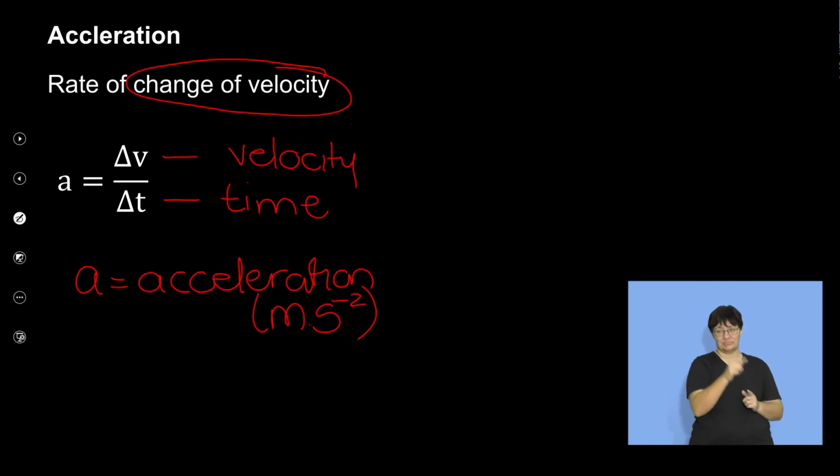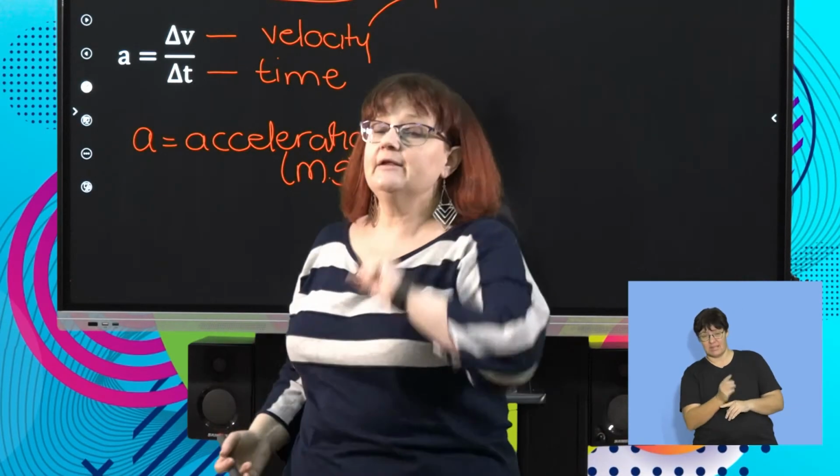Okay, so when I go here, and I'm going to introduce some new symbols, it's a final velocity minus an initial velocity. Okay, you're going to see that often. But change in means the velocity has to change. Or if the velocity doesn't change, acceleration is 0. Okay, acceleration is a vector, has to have a direction.